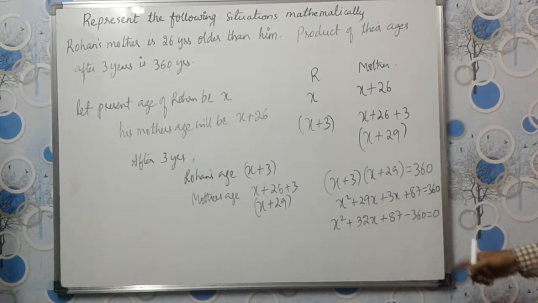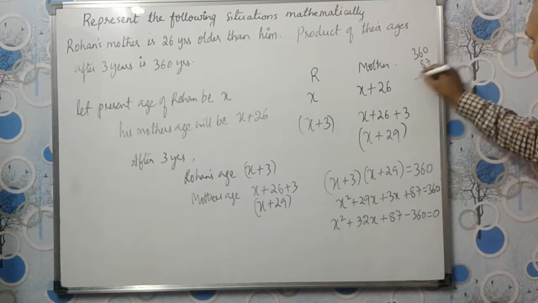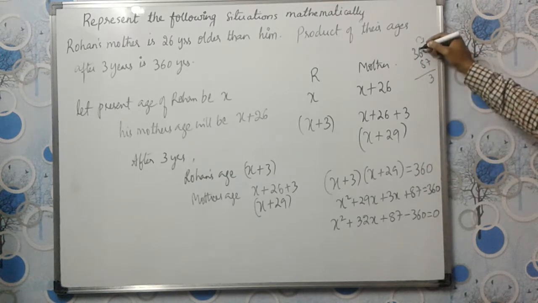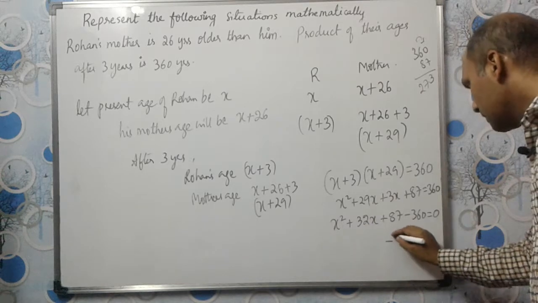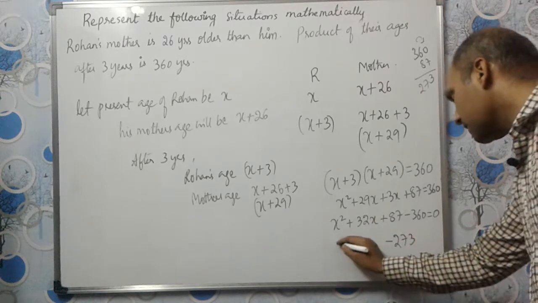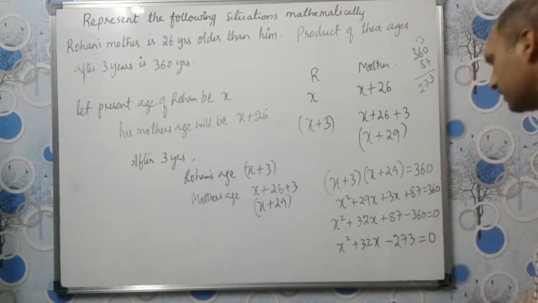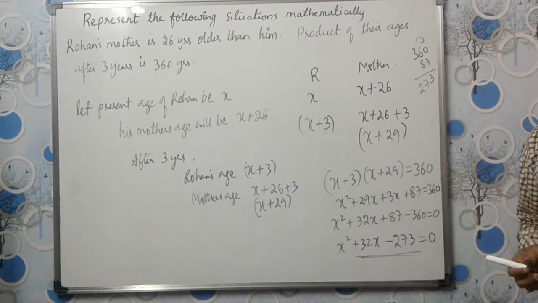We need to subtract this, right? 360 minus 87: 10 minus 7 is 3, and here you will have 5, 15 minus 8 is 7, and 2. So 273, with a minus sign. So x square plus 32x minus 273 is equal to 0. This is the required equation.